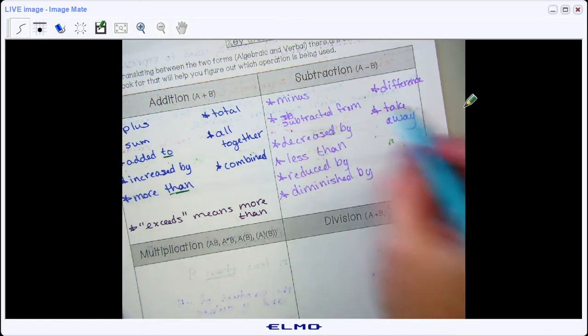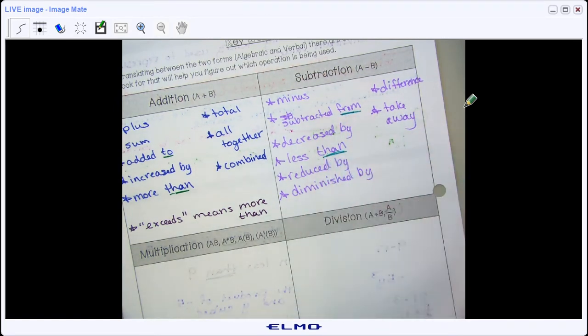Those all tell us subtraction. And again, we have two flipping words there, the subtracted from and the less than. Those are where we generally see the flipping words as far as subtraction goes.